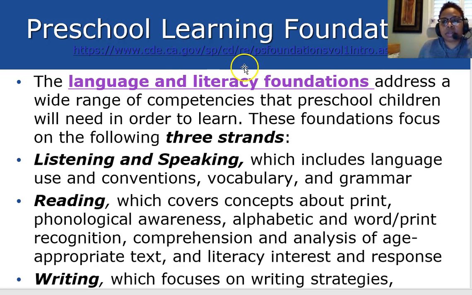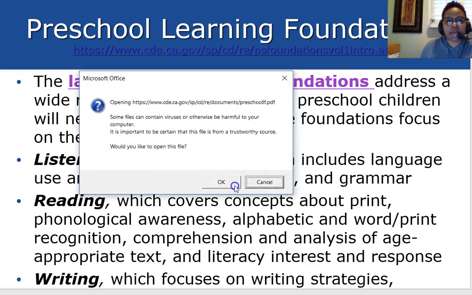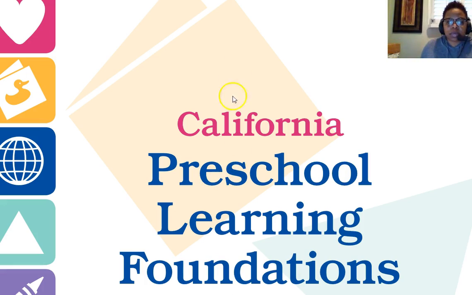So this is the Preschool Learning Foundations, and the link is here that takes you to the California Department of Education. And then this is the link that takes you directly to the language and literacy foundations. And I think it's important to take a look at these because it lets you know how to see what is expected of children during a particular age group.